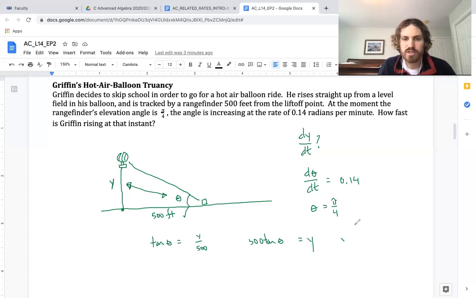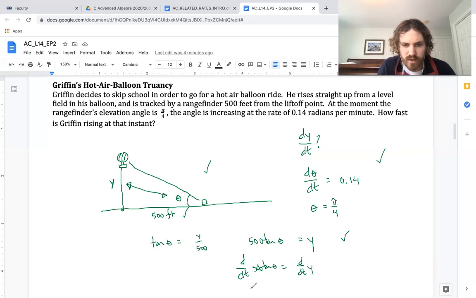So we've got our equation, we've got the things we know, we've got a good picture where variables are labeling the things that are changing, and now we can take the derivative with respect to time. So let's do that. The derivative of this side with respect to time, d dt of 500 tangent theta equals d dt of y.